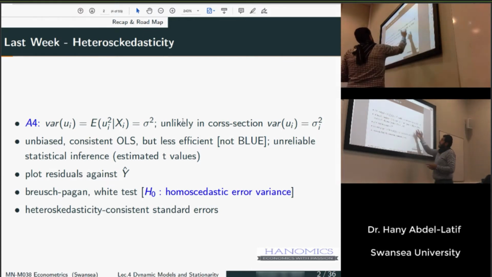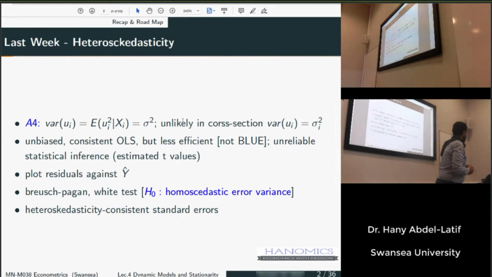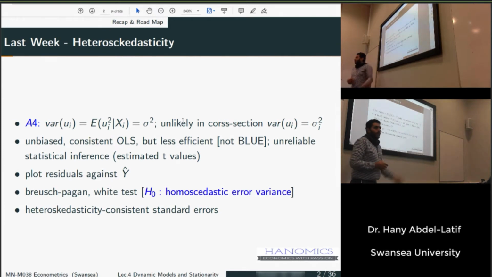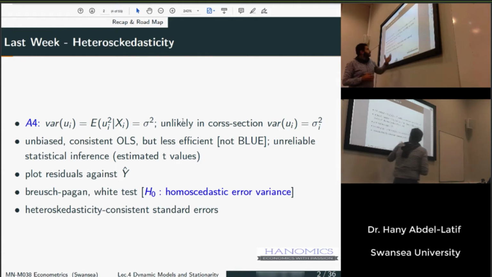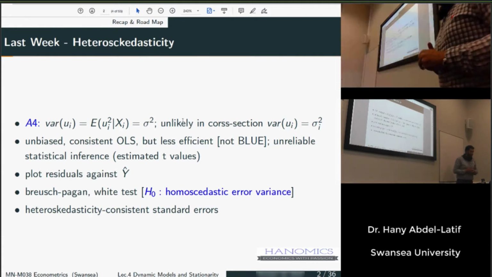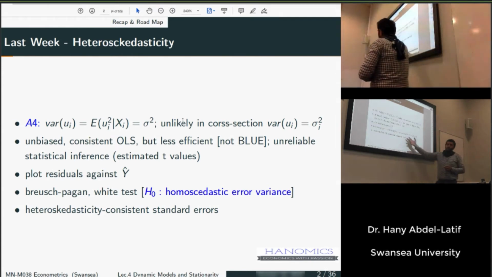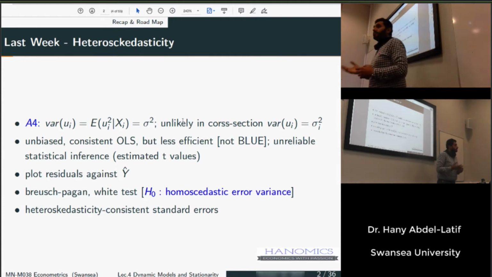And obviously, that puts the standard errors into question, and any inference based on that is questionable as well, because we can't trust the standard errors. One way to detect heteroscedasticity is to plot the residuals, or you could apply the Breusch-Pagan test or White test, and both have the same null hypothesis, homoscedastic error term.